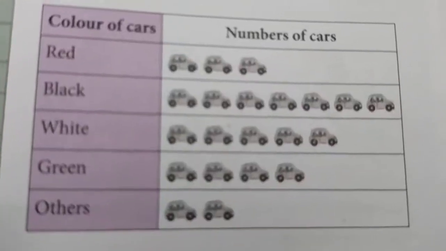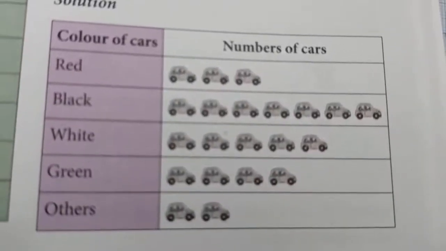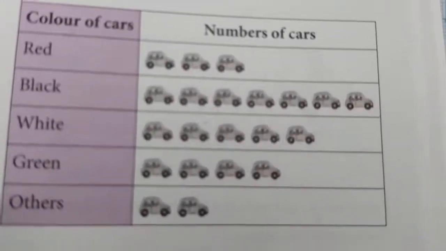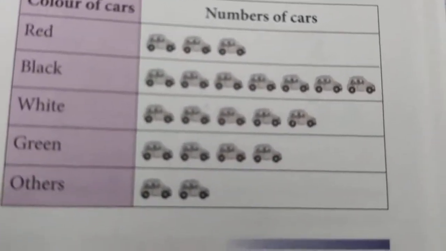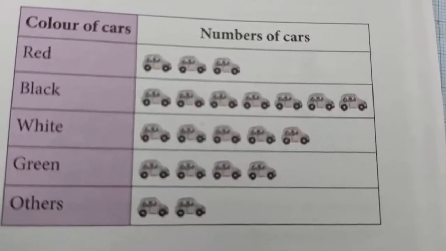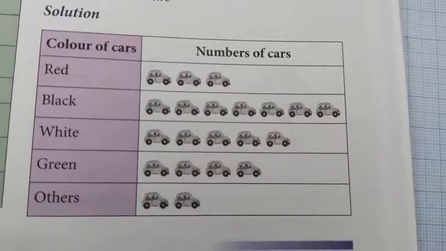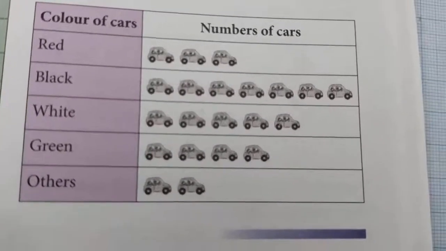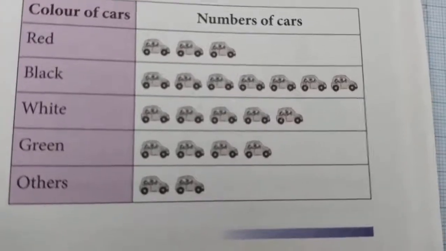Here you can see how to represent the pictograph for the given information. Colors of cars: red, black, white, green and others. One picture represents 15 cars. Red there were 45, so 3 cars.